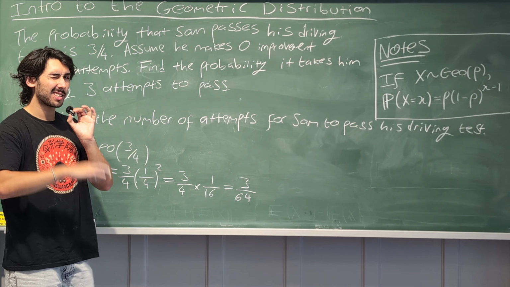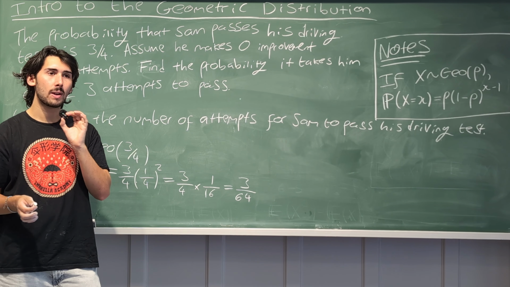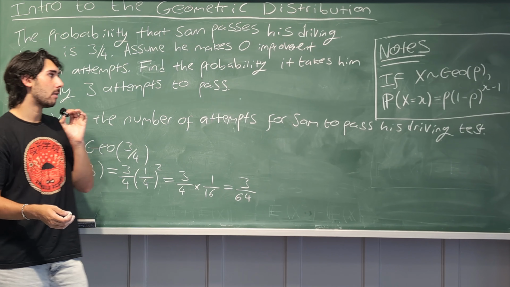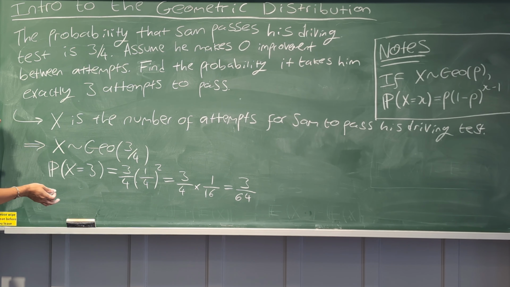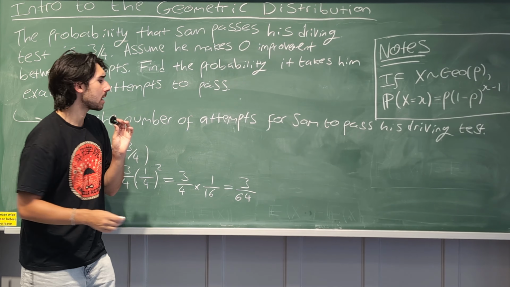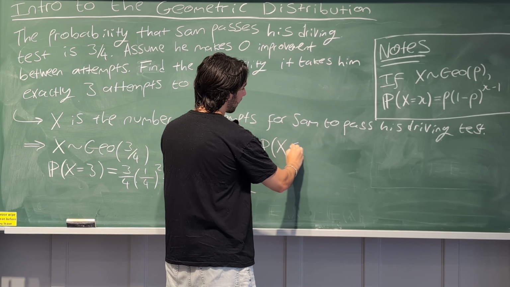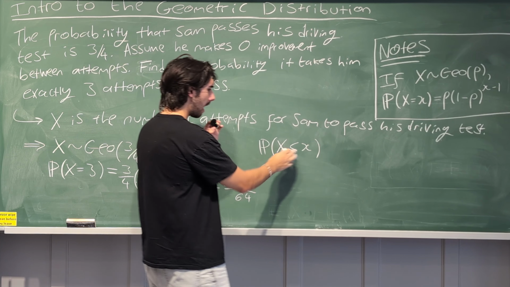In the next video, as I said earlier, well, maybe not the next video, but at some point we'll look at the expected value of a random variable that is geometrically distributed. We will look at the variance, and we'll also look at things like the probability that big X is less than or equal to little x, and things like that.